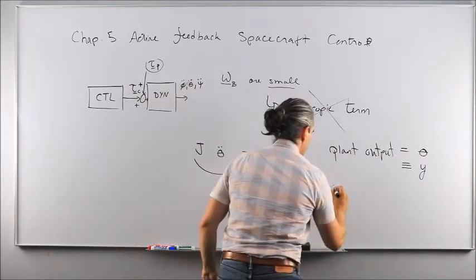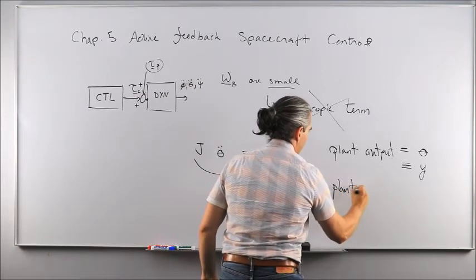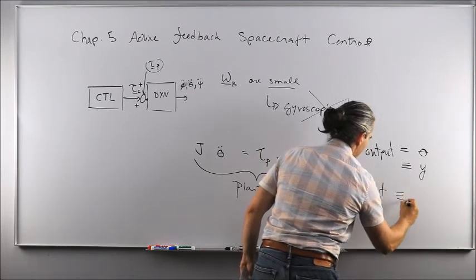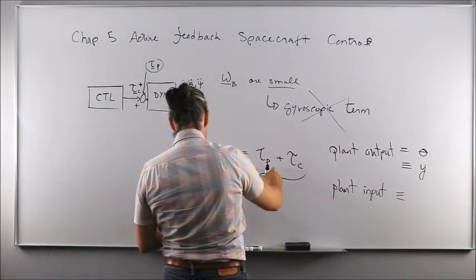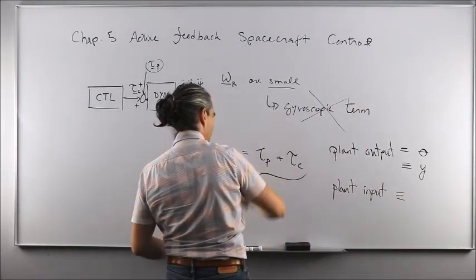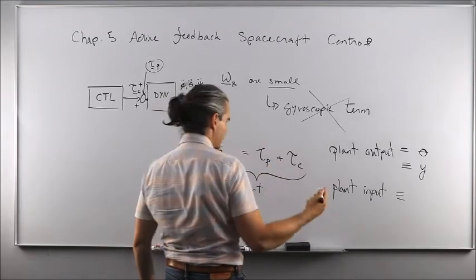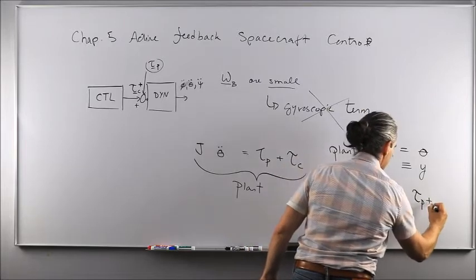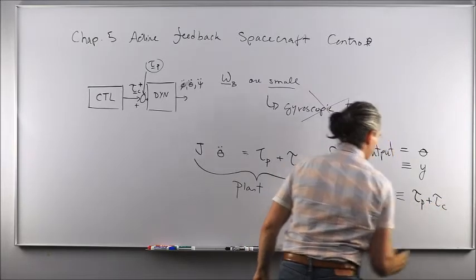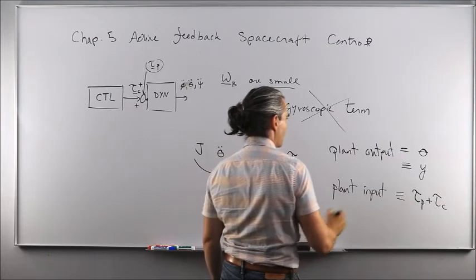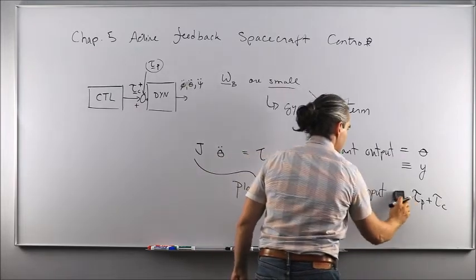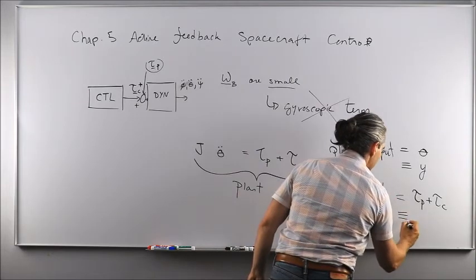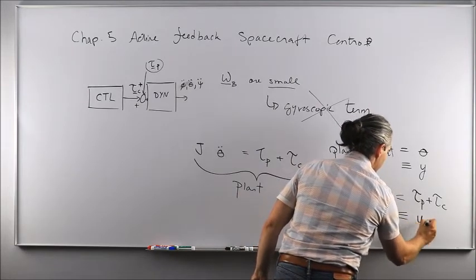The plant input in our case will be the net torque being imparted to the spacecraft, so perturbing torque about one axis plus control torque about the same axis. But in terms of feedback control system theory, the plant input is generically denoted by U, okay?